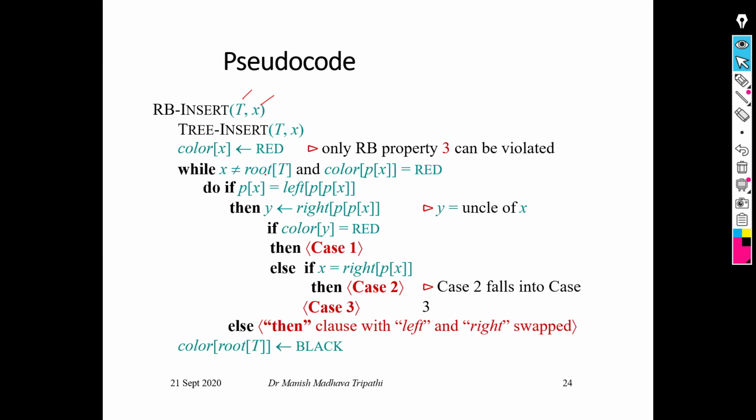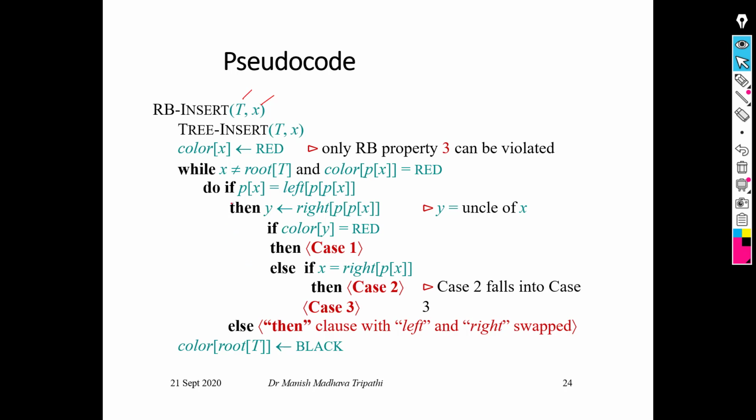So if this is the first node, then it should be black. In the case of a blank red black tree, if we are inserting a new node, then it will be immediately colored black because the root node is always of black color.